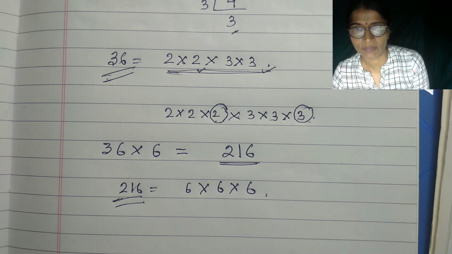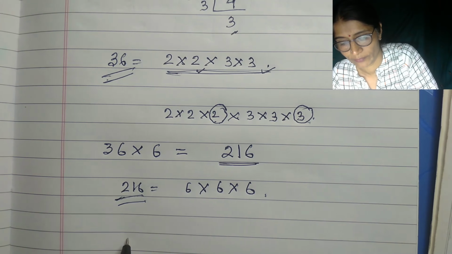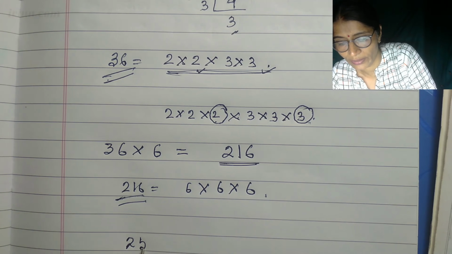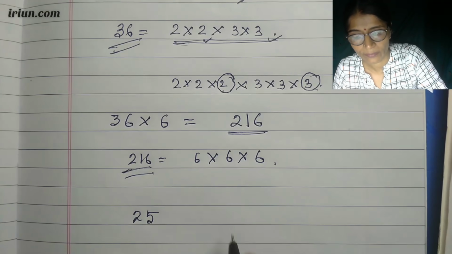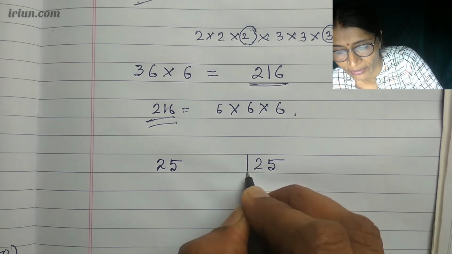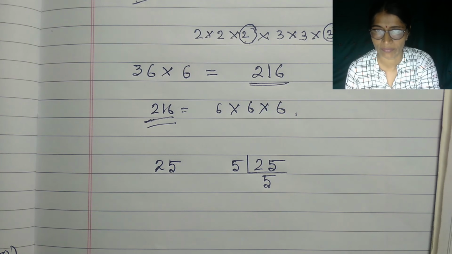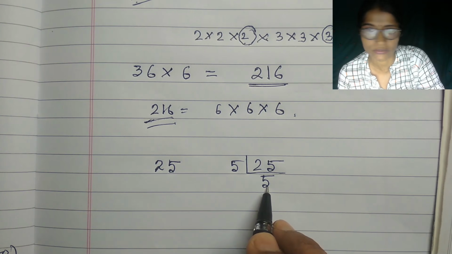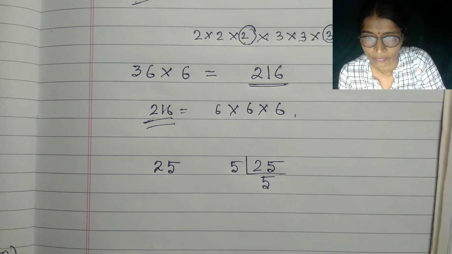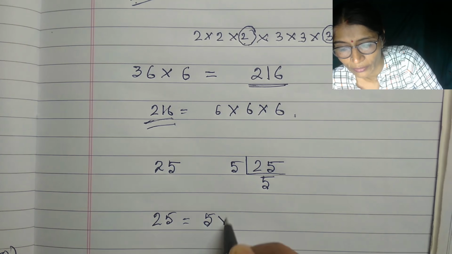Any other example we are taking? Very easy. Suppose this is 25. When I factorize 25, 5 5s are 25. So 5 into 5. So this is also not a triplet of 5. 25 is just equal to 5 into 5.